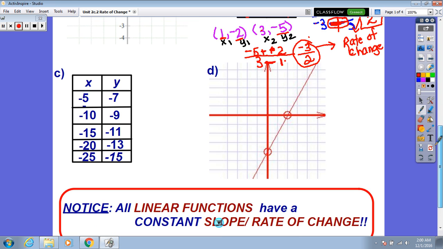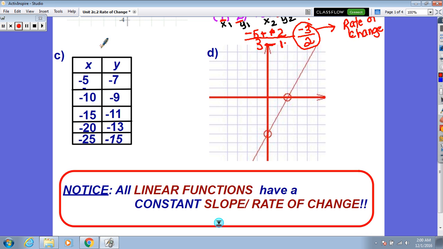All right, so let's go down to our second table. I'm going to put the formula up here. y2 minus y1 over x2 minus x1. And we're going to pick any 2 points. I'm going to pick the first 2 simply because they are the smallest ones.